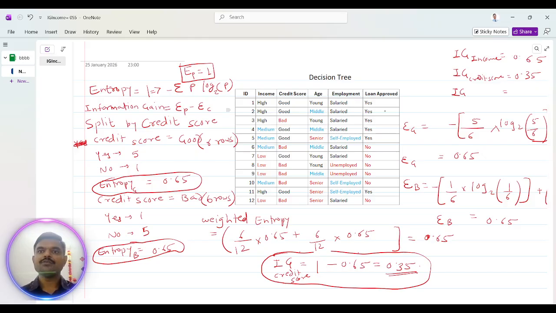Yes. Now information gain for another parameter I will calculate. For that I will remove this.